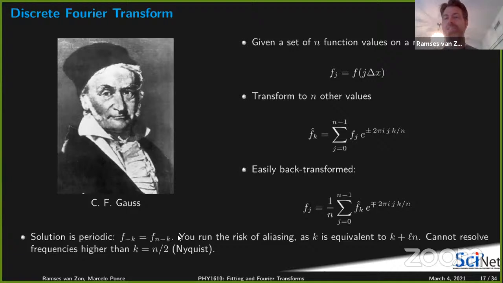So the point n minus k is actually the negative frequencies. So you've got some positive frequencies, and then up to about k equals n over 2, the rest you could interpret as negative frequencies.